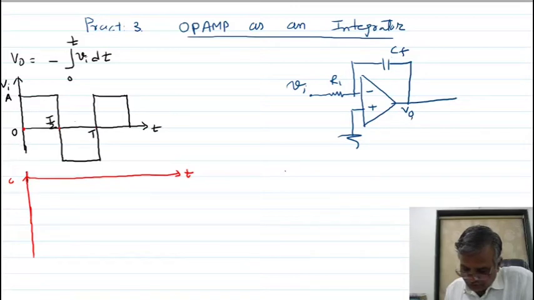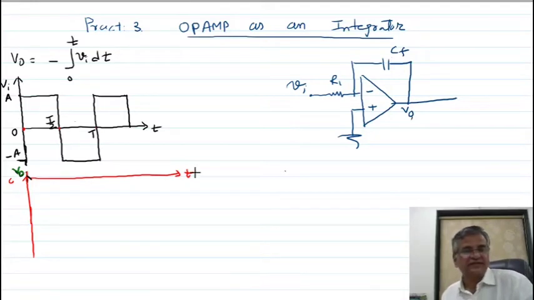This is your minus A amplitude. This is the axis of the output voltage. Let me show the output voltage in a different color. This is the output voltage, and like this.